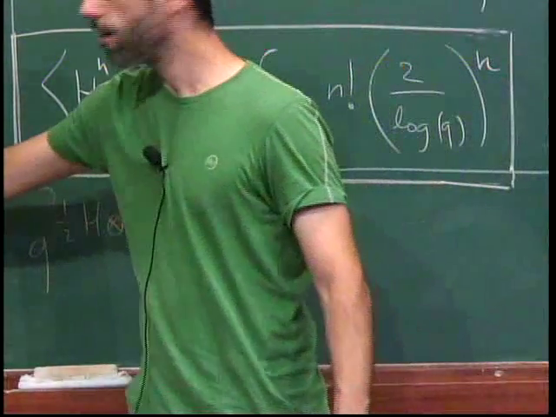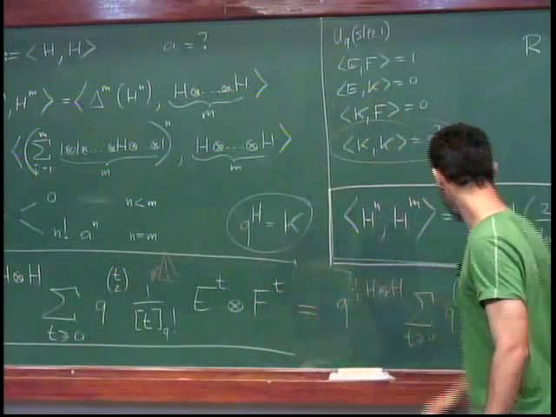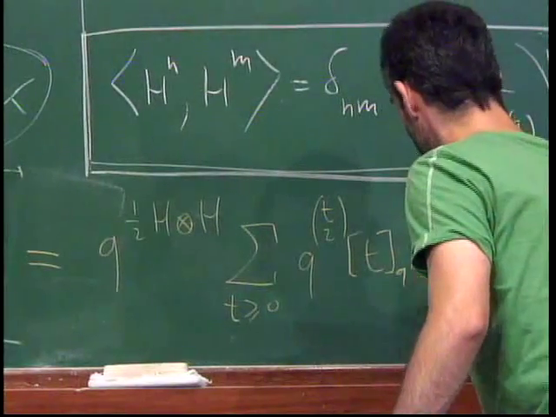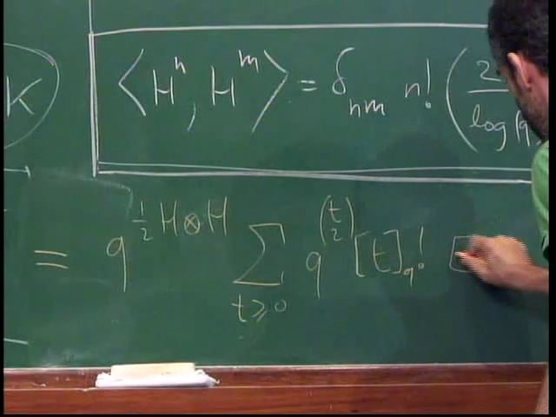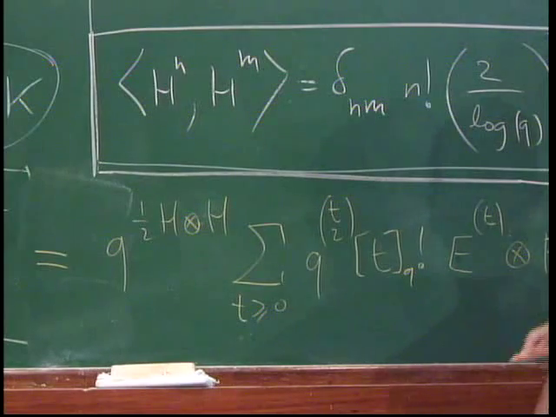Well, we gain a quantum t factorial from this one and a quantum t factorial from that one. So the t factorial is now in the numerator. And I have a divided power here and a divided power there.